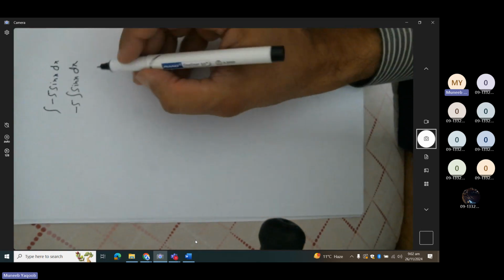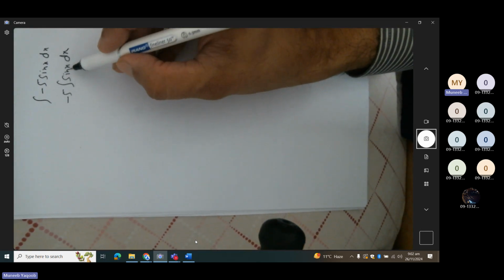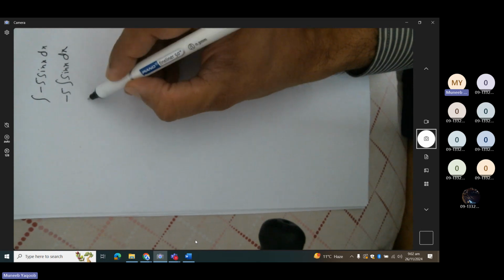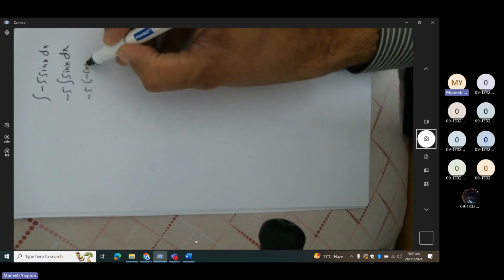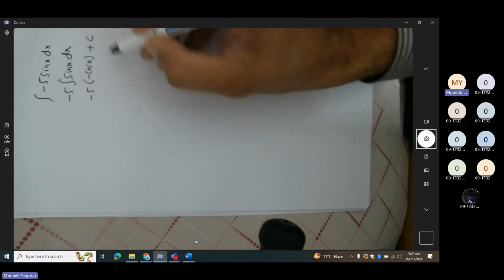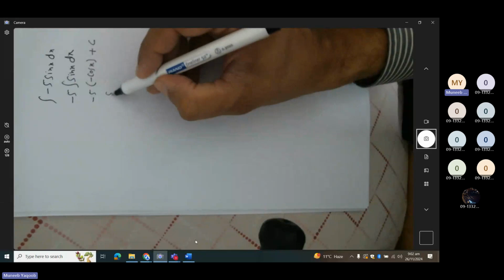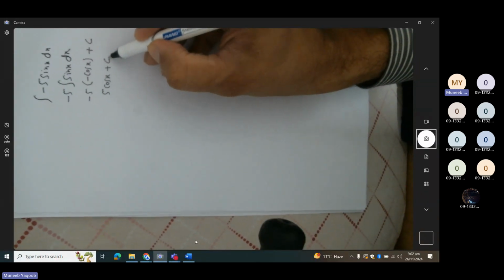Now, obviously, integral of sine x is minus cos x. So it will become minus 5 into minus cos x plus constant of integration, minus into minus is plus, and hence it will become 5 times cos of x plus c.